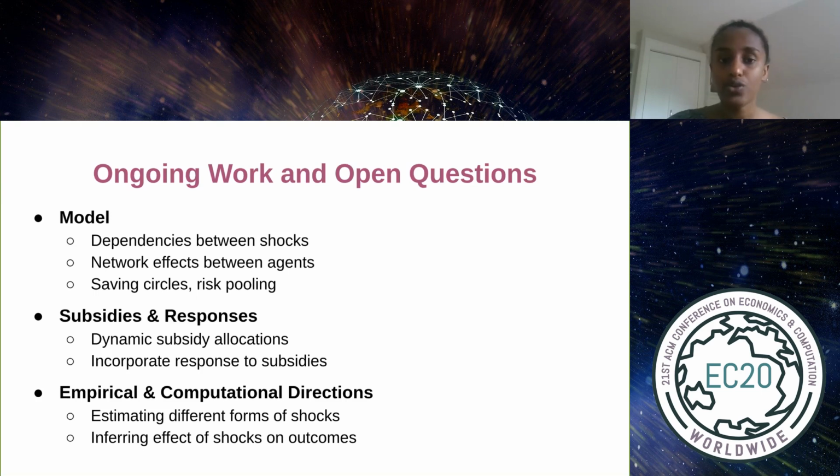Also dynamic subsidies, right? We're now assuming that there's a static decision that you make in the beginning and that's it. But you could imagine that maybe the planner has the ability to change their subsidies over time. There are also more empirical directions that you can take a look at. And I'll just say that I'm very excited to talk about any of these directions if folks want.